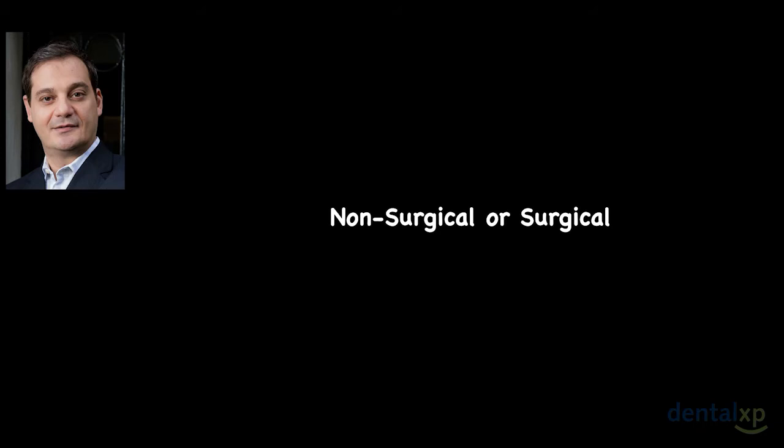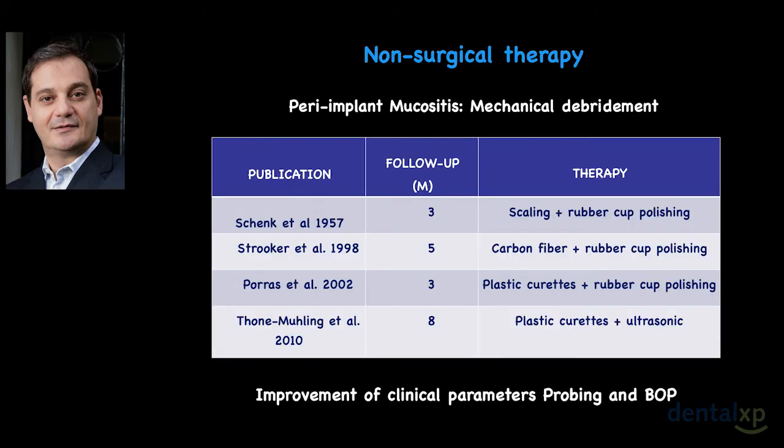If we look at the non-surgical versus the surgical, let's start with the non-surgical. What we mean by non-surgical, same thing as in periodontics, is if we curette the tissue or we use antibiotics, either systemic or local, and how would they lead and what are the results? Here in the peri-implant mucositis, they've looked at mechanical debridement.